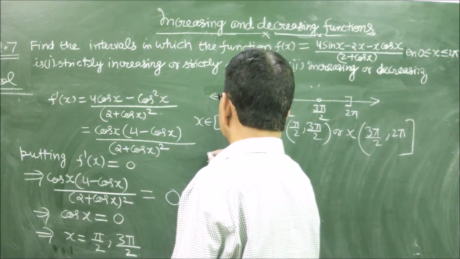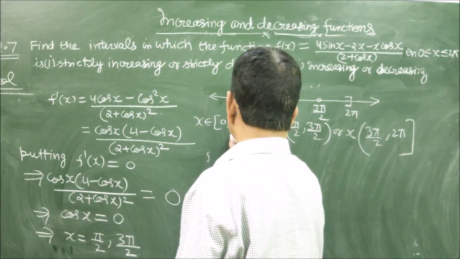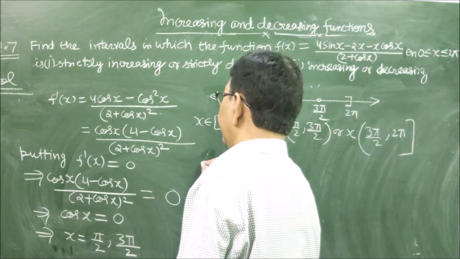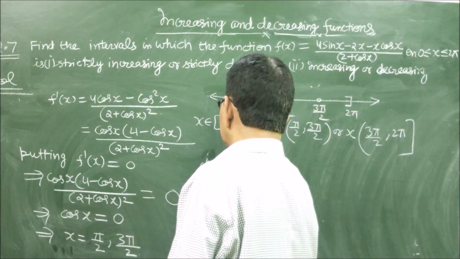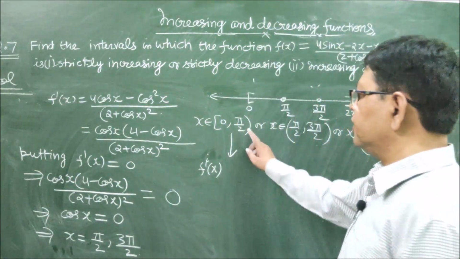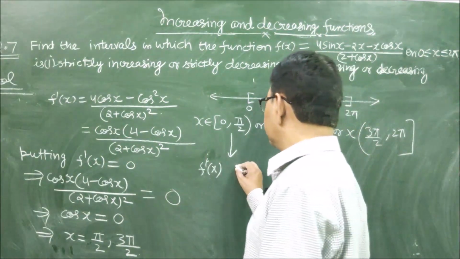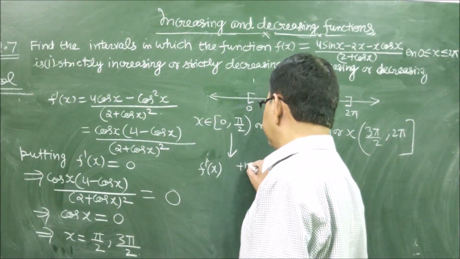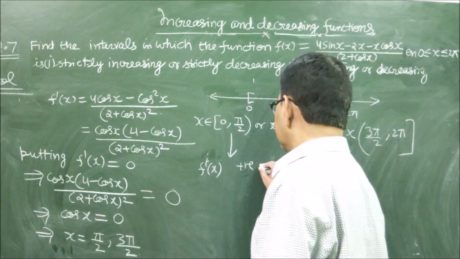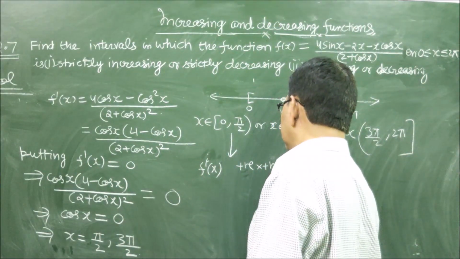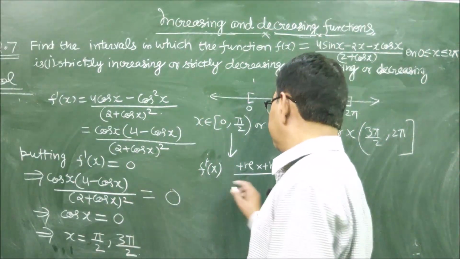So when x belongs to the first interval, then the sign of f dash x in this interval: cos x is positive, and 4 minus cos x will be positive, and the denominator is positive.